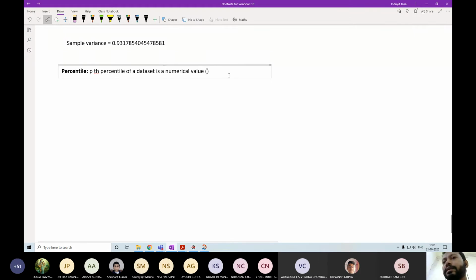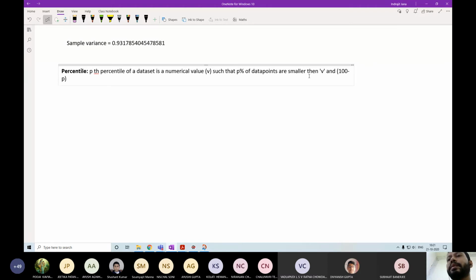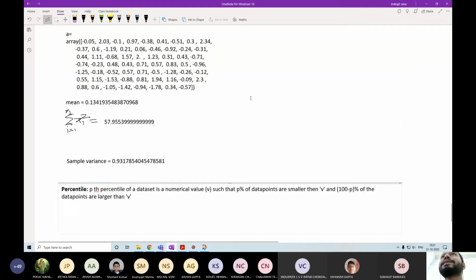Let's call this a value v, such that p percent of data points are smaller than v, and the rest of the data points, which is 100 minus p percent of the data points, are larger than v.